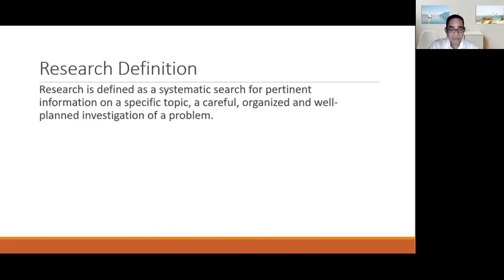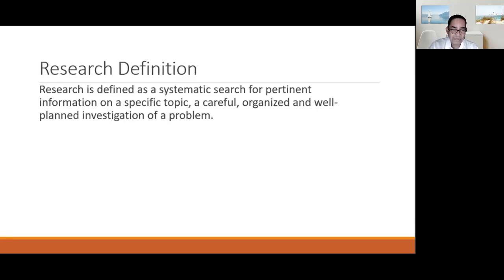Now, let us define what research is. Research is defined as a systematic search for pertinent information on a specific topic, a careful, organized, and well-planned investigation of a problem.